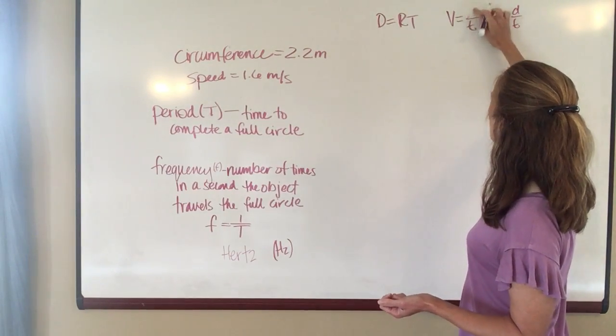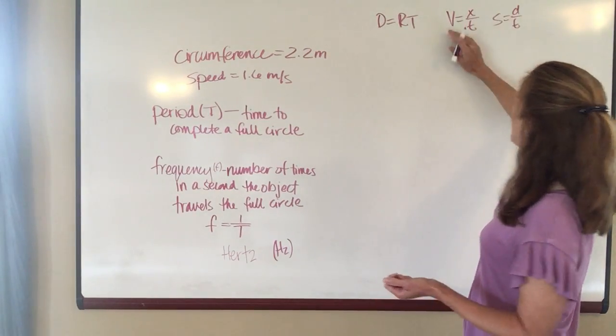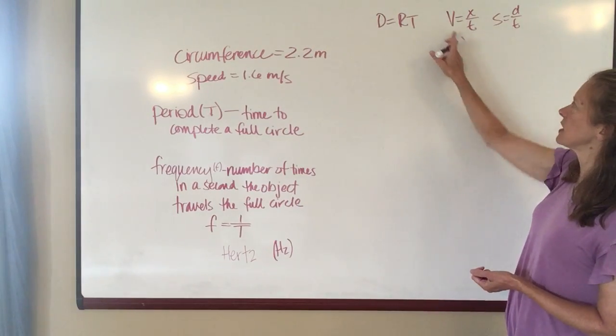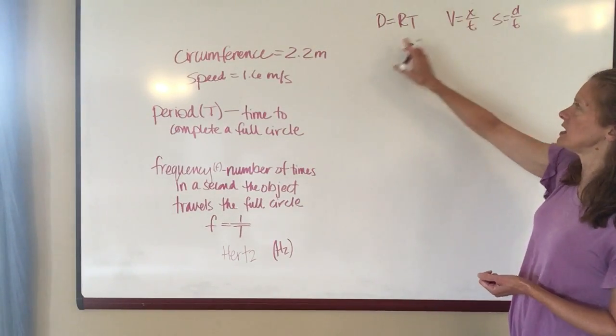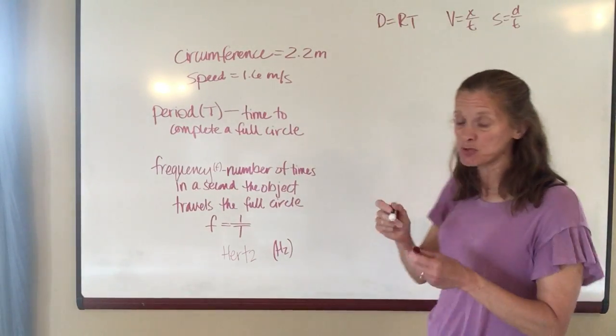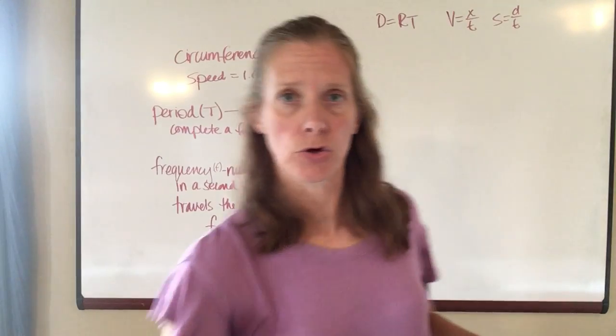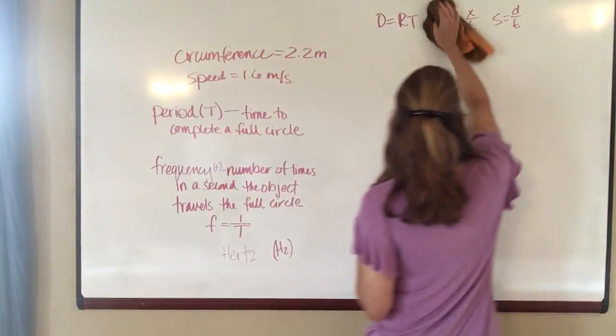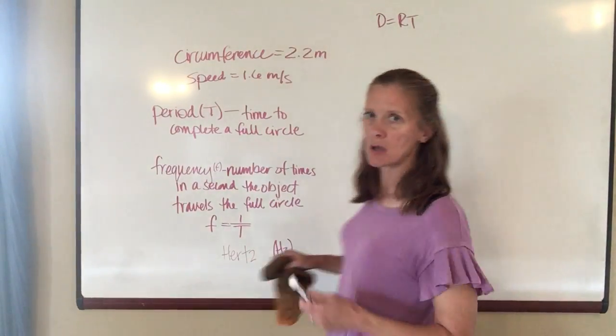I think this was actually an X when we learned it. So basically this is the same thing. The rate times the time is going to equal the distance. So this is just a rearrangement of these same types of equations that we have already learned. I'm just generalizing it into a distance equals rate times time equation.